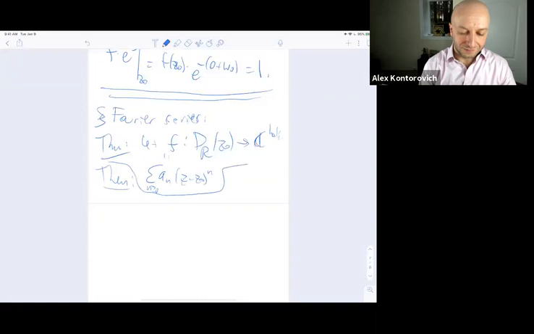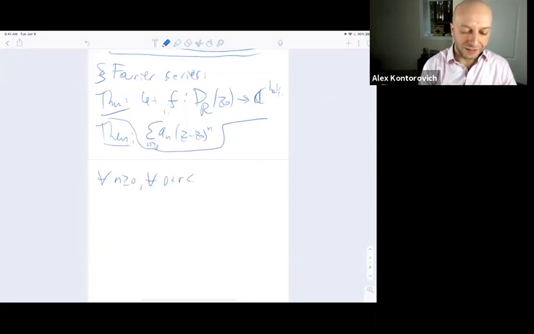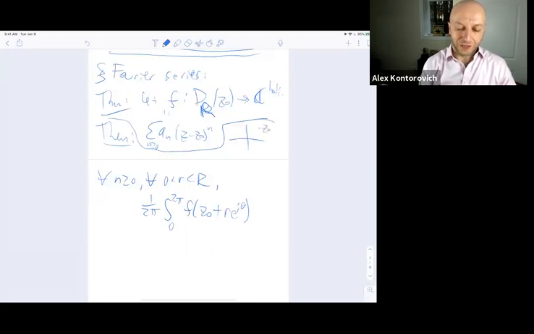Then for every n bigger than 0 and for every r less than the big radius, if I take 1 over 2 pi times the integral from 0 to 2 pi of f of z0 plus r e to the I theta, where z0 is the center point of my disk and here's my disk of radius r.